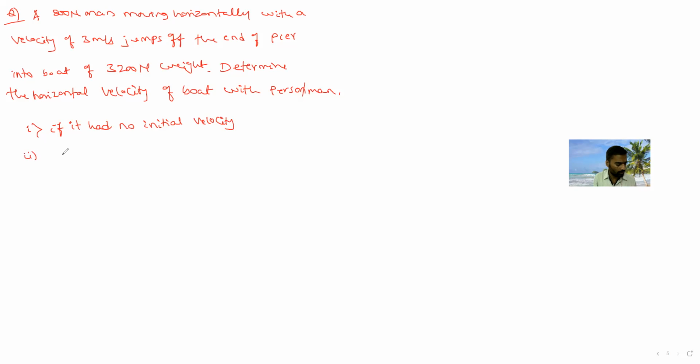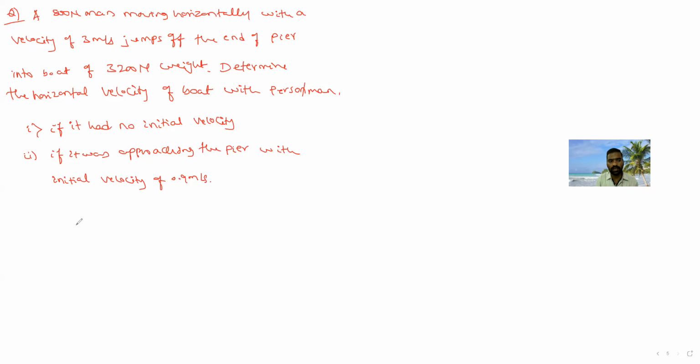Second one, if it was approaching the pier with an initial velocity of 0.9 meter per second. Okay.